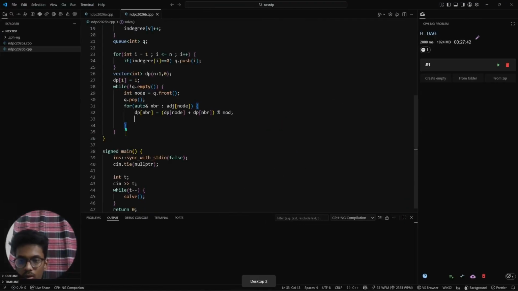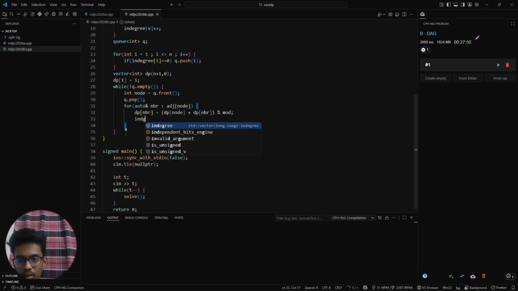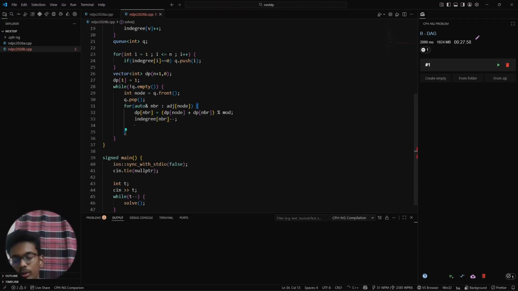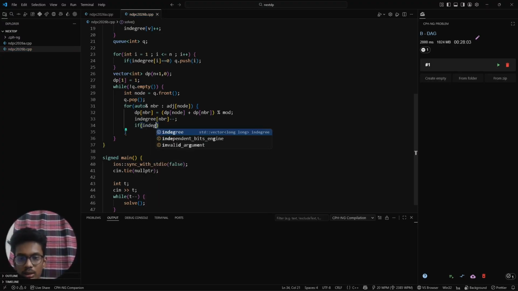That means before actually doing this computation, when you're doing this computation, sorry, not here, wait, in degree, you need to make this in degree as in degree of neighbor minus minus, so that you remove its connection with the parent. Now if in degree of neighbor is 0, okay, it could potentially lead to a new path.